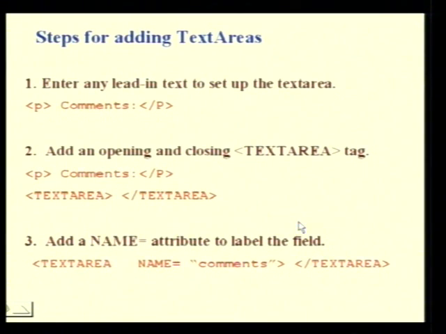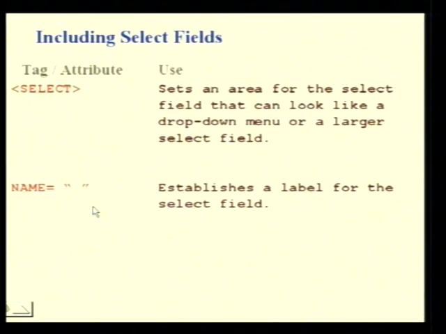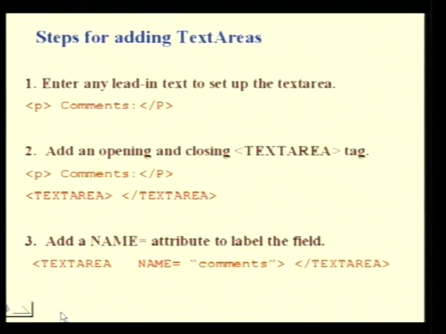Now steps for adding text areas. What a text area is, I will show you. Similarly, the first step is you add some leading text for the text area, add an opening and closing text area tag, and add a name attribute to label the field.